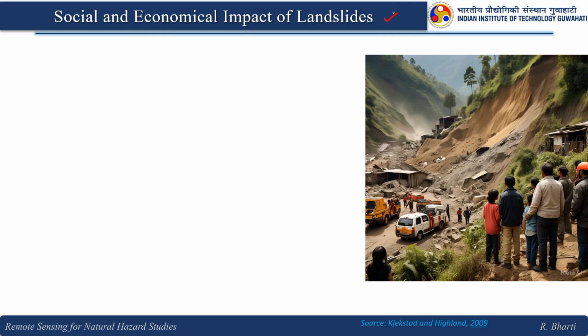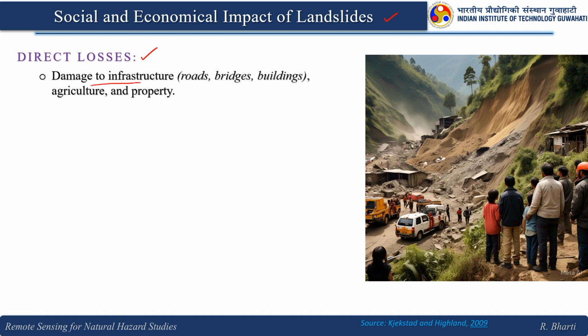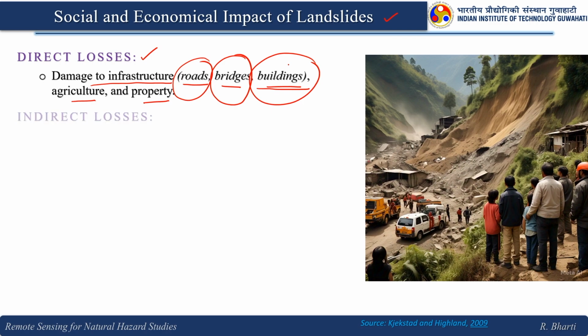When we talk about the social and economic impacts of landslides, we have direct losses, damage to infrastructure, like roads, bridges, buildings, agriculture and property, that is very common. We all know that because of landslides there may be closure of roads, bridge problems, and building destruction, right. So, these will be direct impacts of landslides.